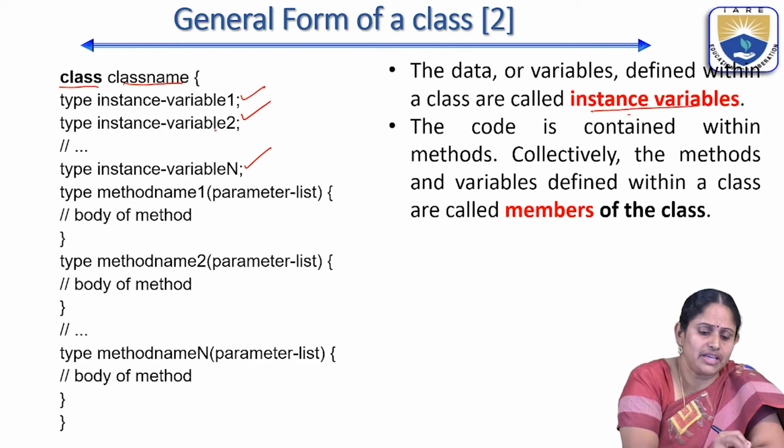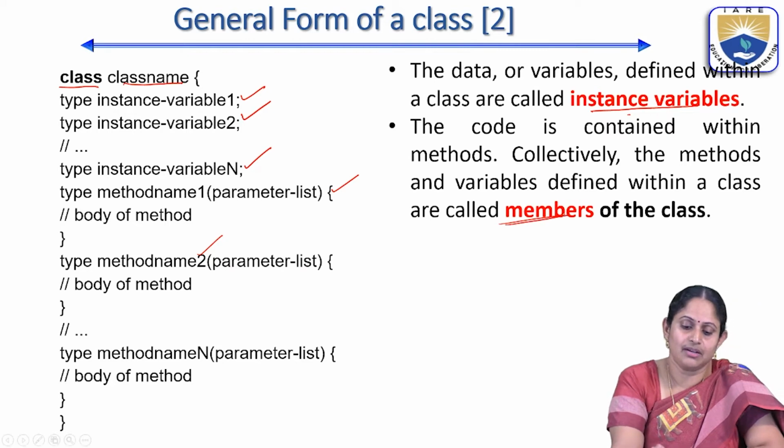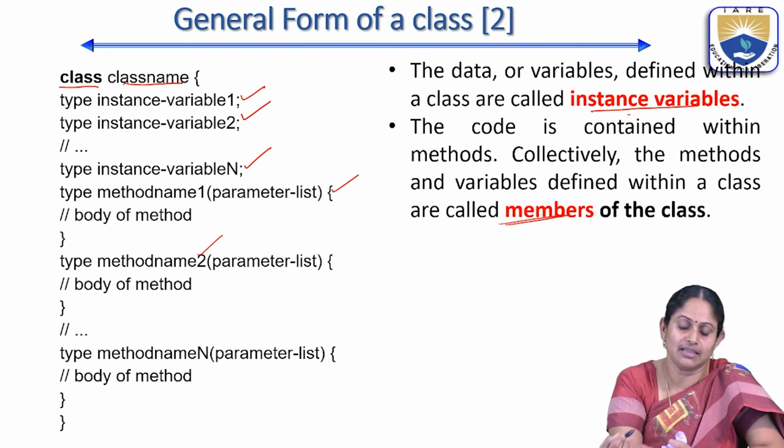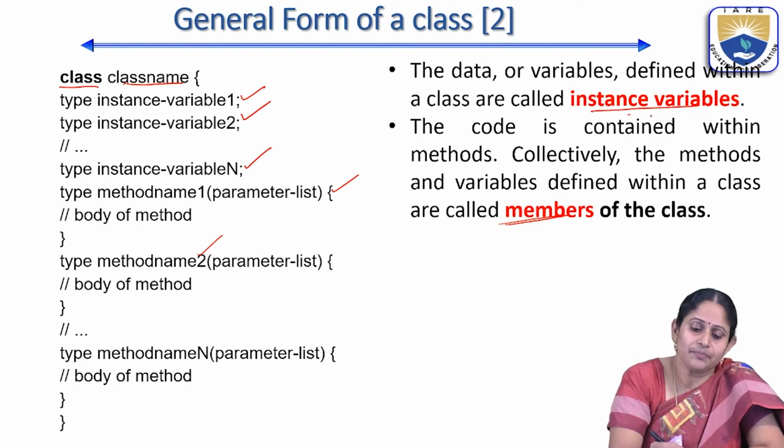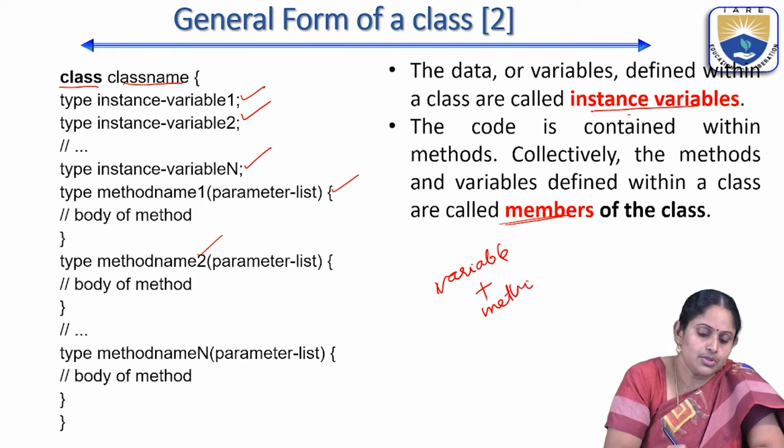The data or the variables defined inside the class are called instance variables, and the class can also contain various methods, which are the instance methods. Together, the instance variables and the methods form the members of the class.